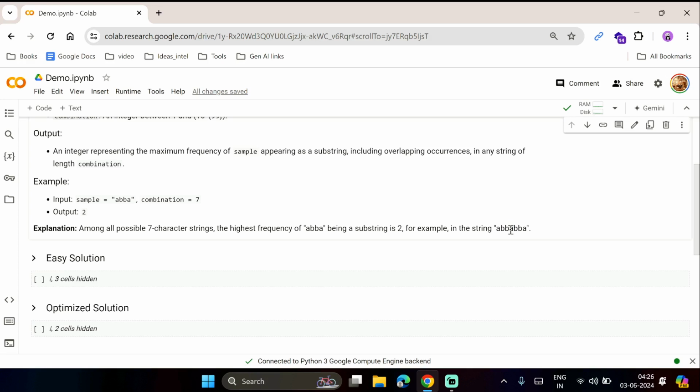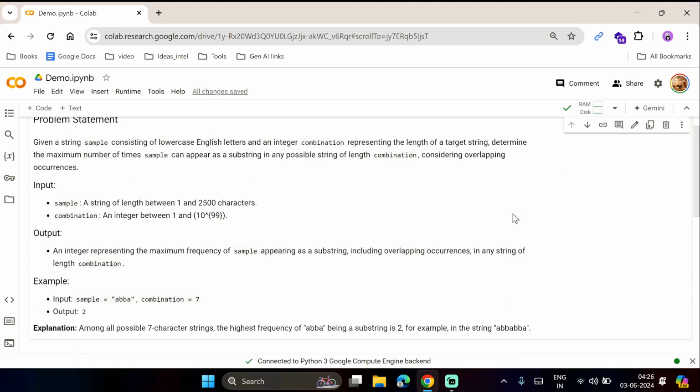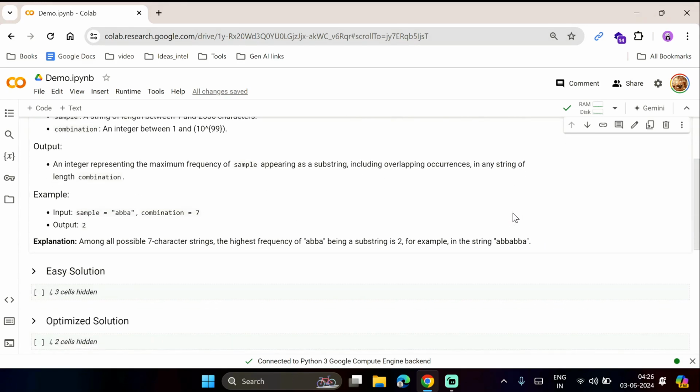And then again, if you need to see ABBA, the middle A will overlap. So overlap is allowed, as you have seen. Now there are two. The highest frequency is 2 because you can't find three ABBA being seamlessly integrated into a 7 character string.